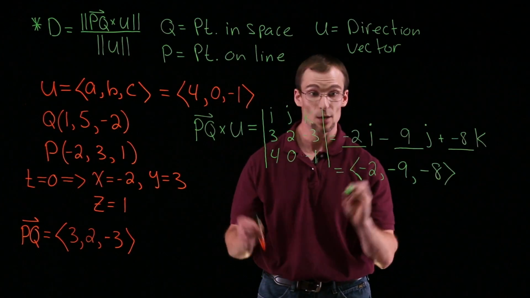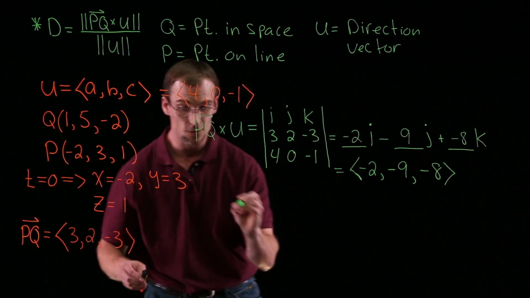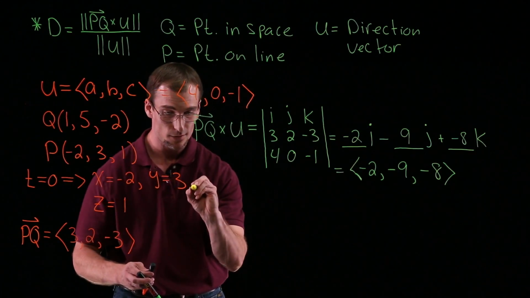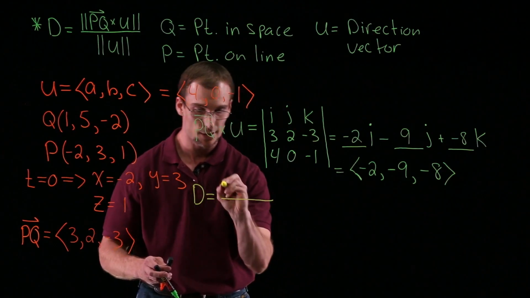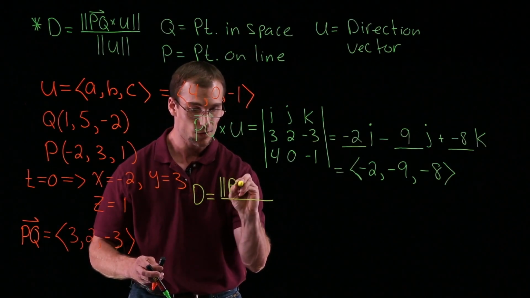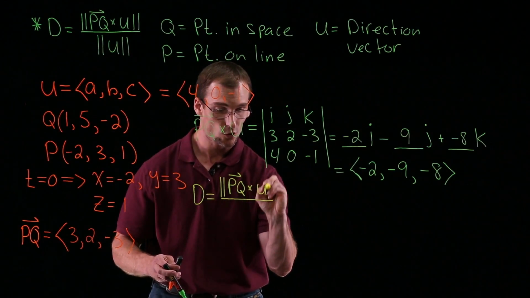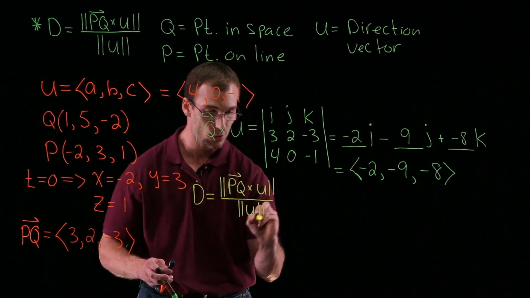Okay, now we have everything to start plugging into our equation to find the distance. Our distance d is once again the magnitude of the cross product of the vector from P to Q and u, divided by the magnitude of u.